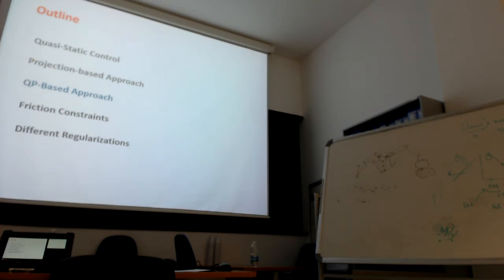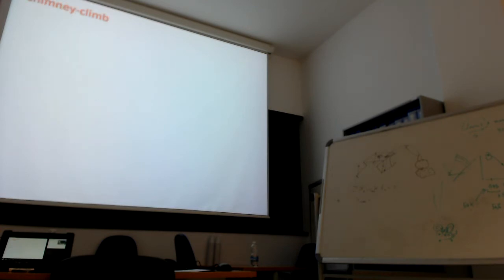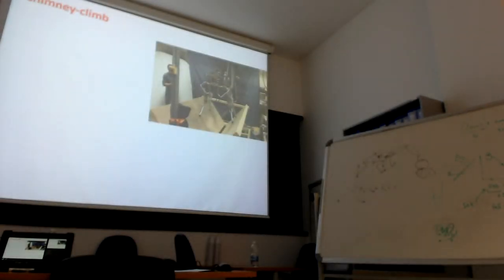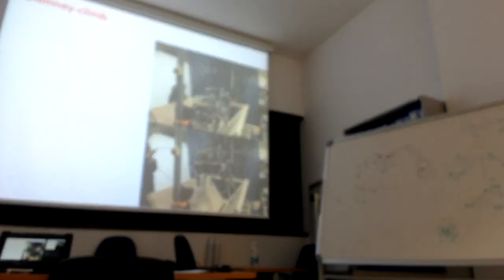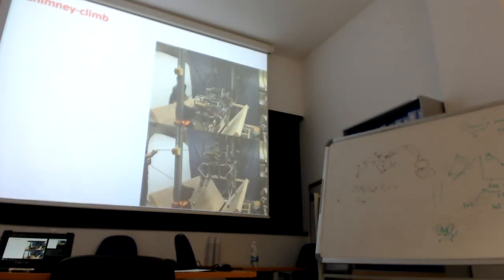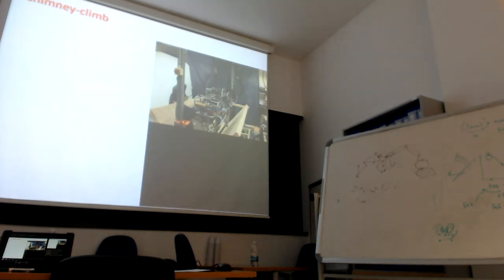Then we said we don't have a friction constraint or unilaterality constraint, so we move to a QP optimization approach to enforce these constraints. Look at this video on the top right, and you see what happens, while in the bottom one, the robot is able to traverse.